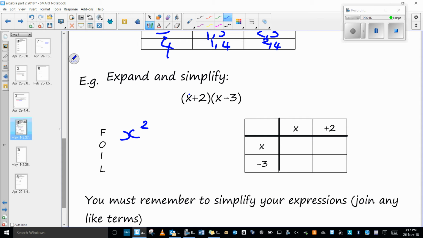So what's happening when we multiply those two together? We've got x multiplied by negative 3. What do we get? Not a trick question. X multiplied by negative 3. So x and then negative 3, they're being multiplied together.